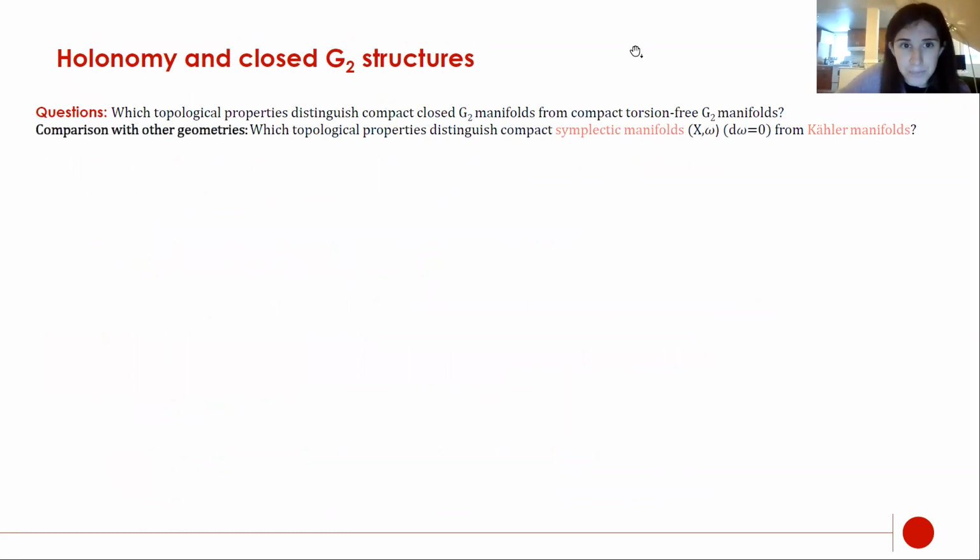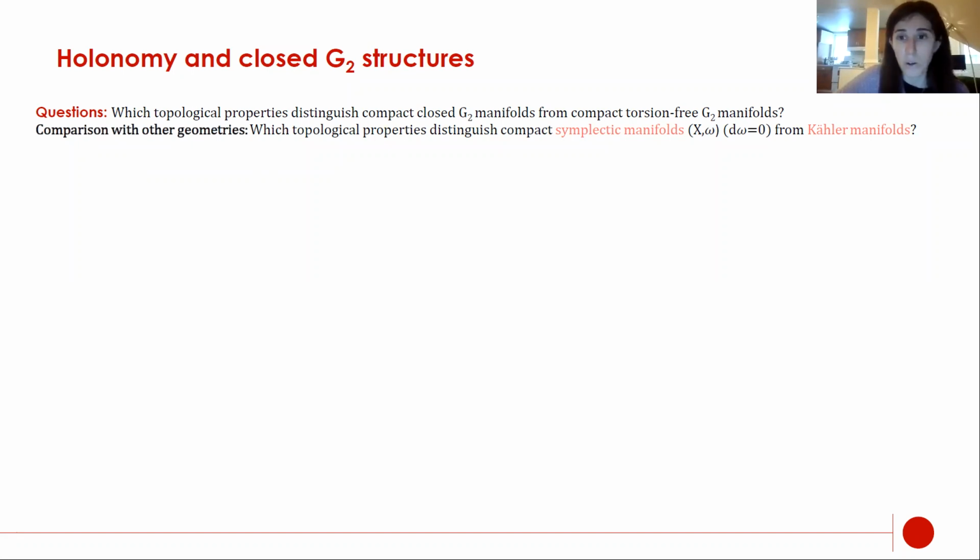So the questions I'm gonna discuss in the talk are motivated by this general question, which is which topological properties distinguish compact closed G2 manifolds from compact torsion-free G2 manifolds. If one can, and I am motivating my questions by comparison with other geometries.